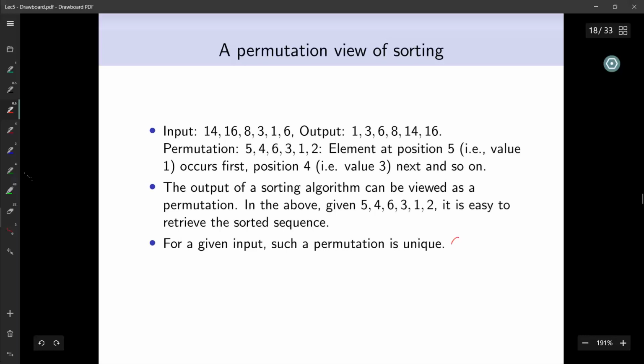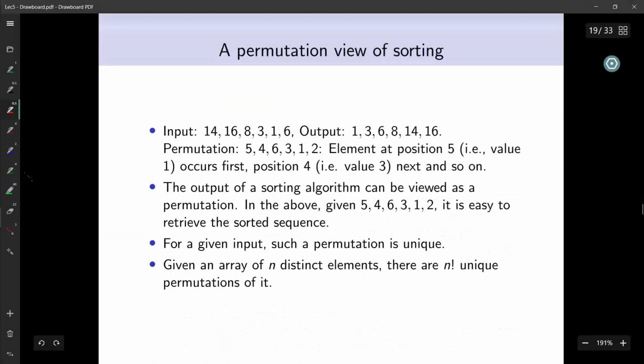So I'll just write it here for clarity: provided elements do not repeat. Just to recollect, given an array of n distinct elements, there are certainly n factorial unique permutations.